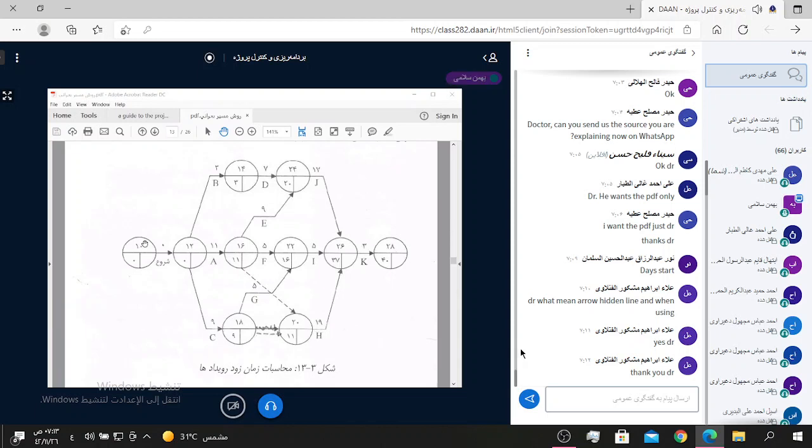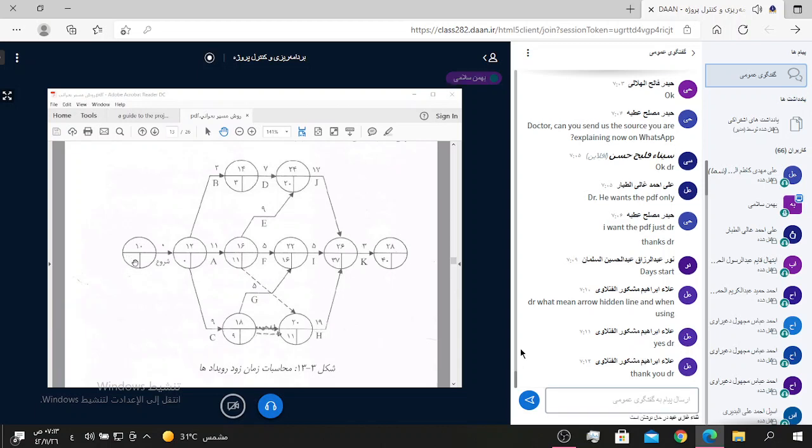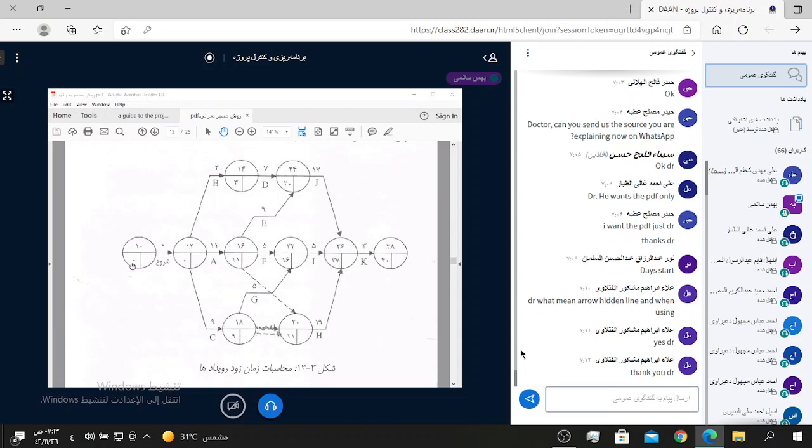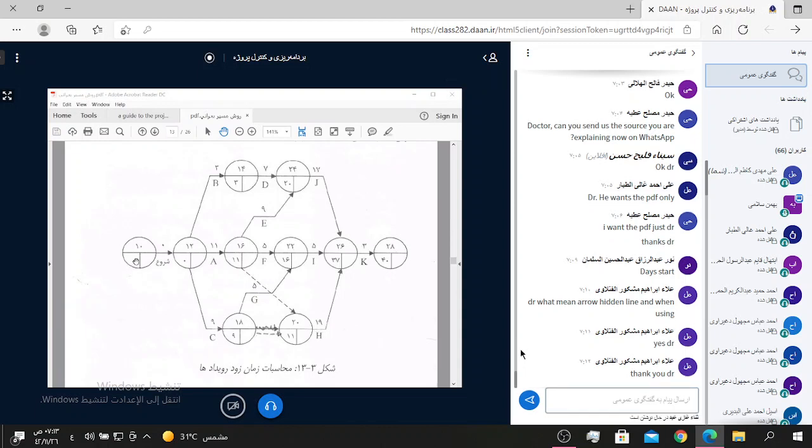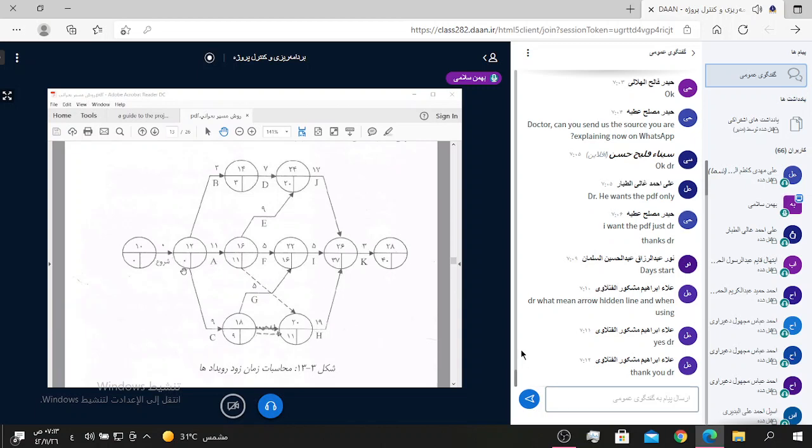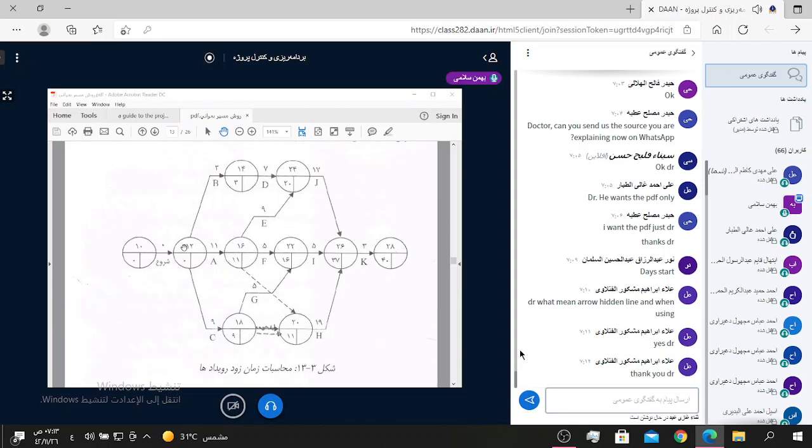Therefore, the ES is 0. And write the 0 in left part. Now, we want to find the ES for node 12.